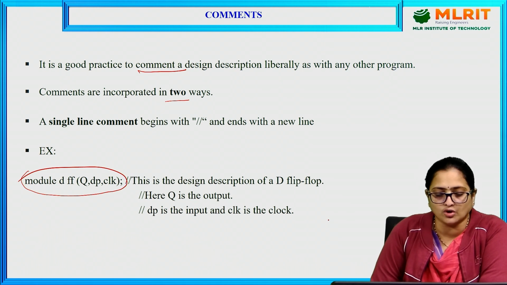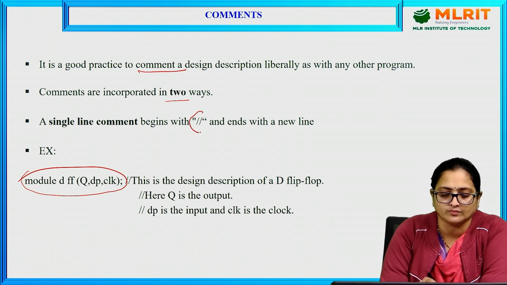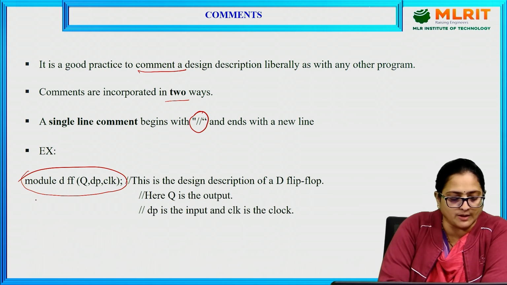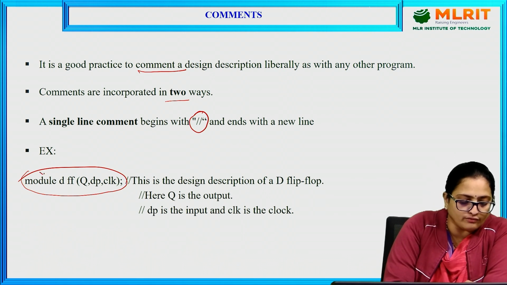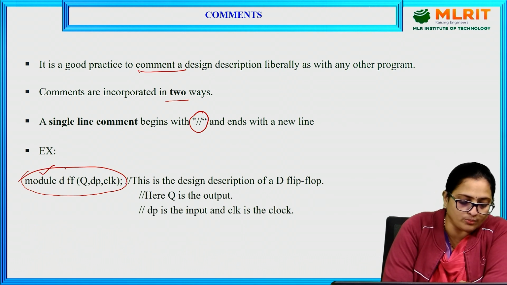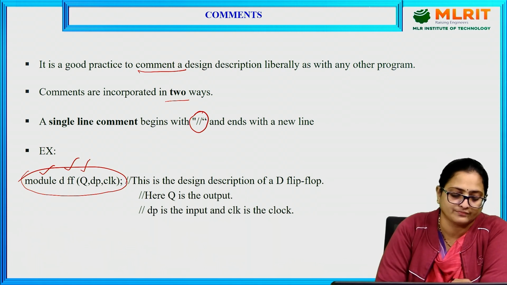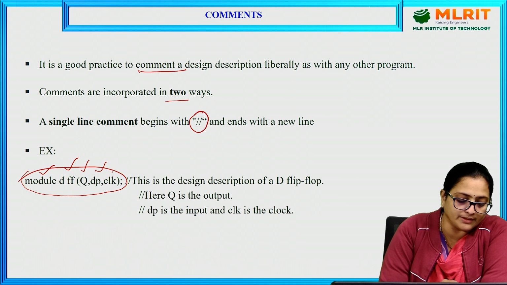In a single line comment, you need to start with a double slash. Here, for example, module, the start of the module, is a keyword, and D flip-flop is the name of my program. Q is the output of the D flip-flop, and D and clock are the inputs.